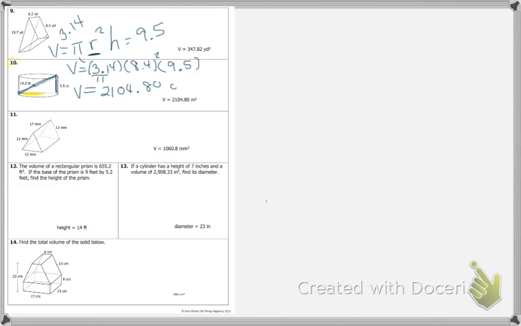If you used the pi button, it would look like this: pi times 8.4 squared times 9.5. It will give 2105.87. This is if you used pi.